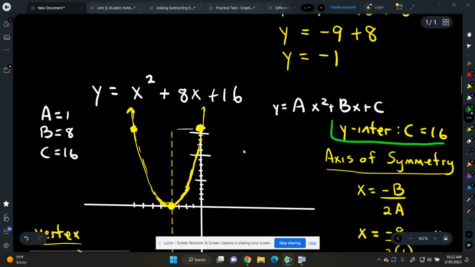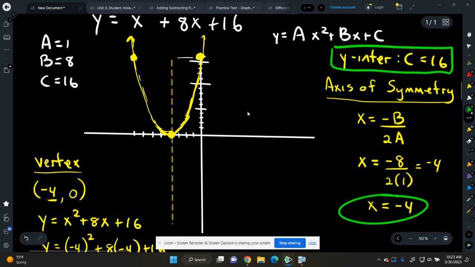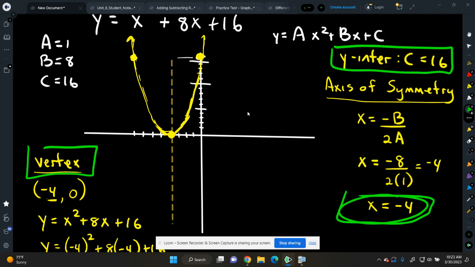The y-intercept, the axis of symmetry, which is right here, and then the vertex. There's 3 parts to it. Okay. Later, we're going to figure out how to find the x-intercepts, where it's crossing the x-axis. Jonah, you with me?